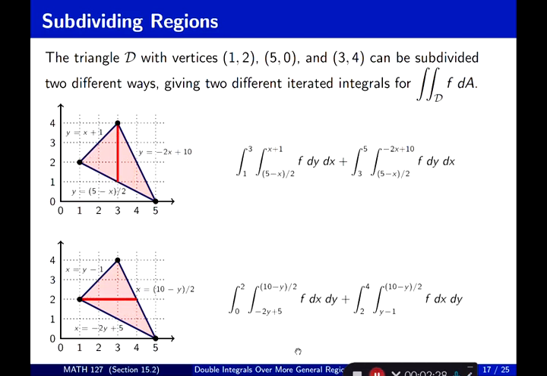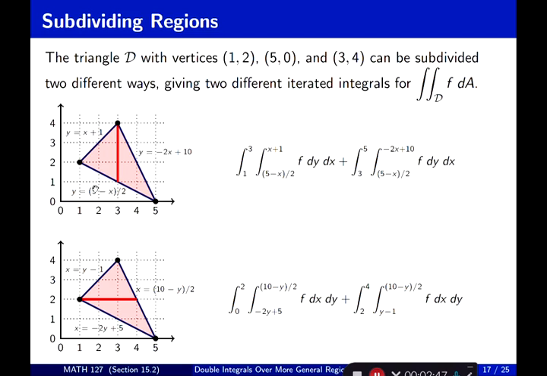So using the points on the graph, we found the equations of each line. This one is y equals negative 2x plus 10. That one is y equals x plus 1, and y equals 5 minus x divided by 2.